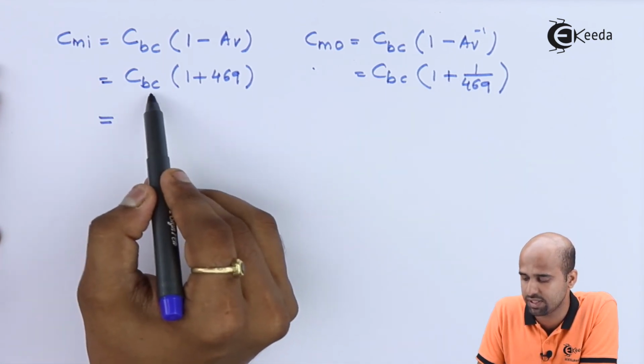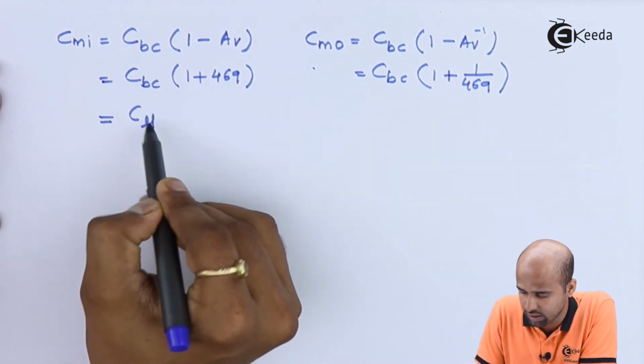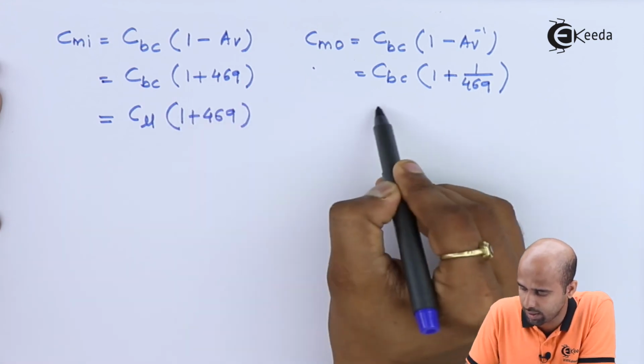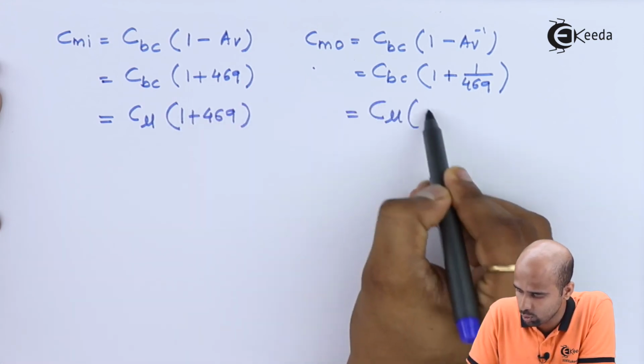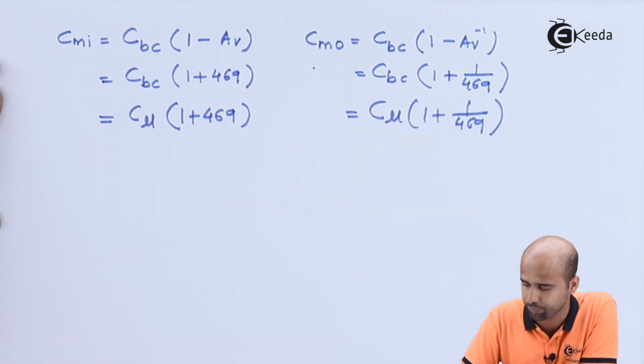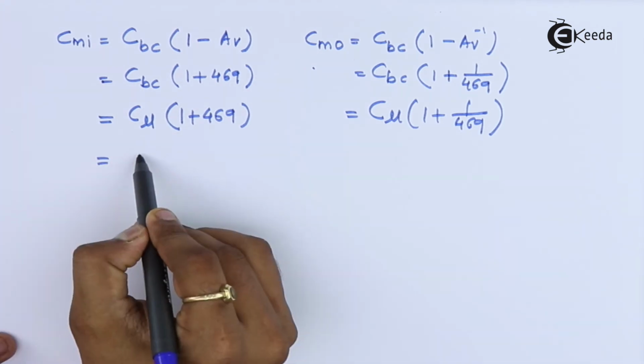This is because CBC is given, and that CBC is nothing but C mu. CMI is C mu into 1 plus 469, and CMO is C mu into 1 plus 1 upon 469. Take a pause of 2 minutes, calculate this CMI and CMO, and again come back.